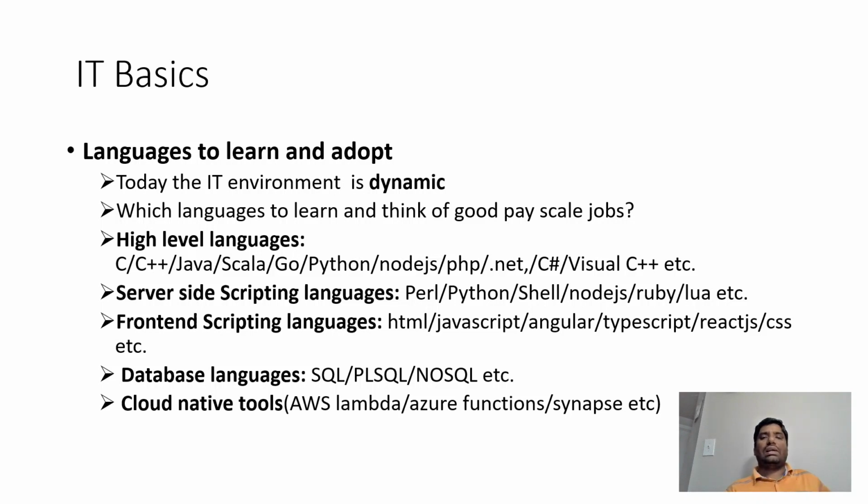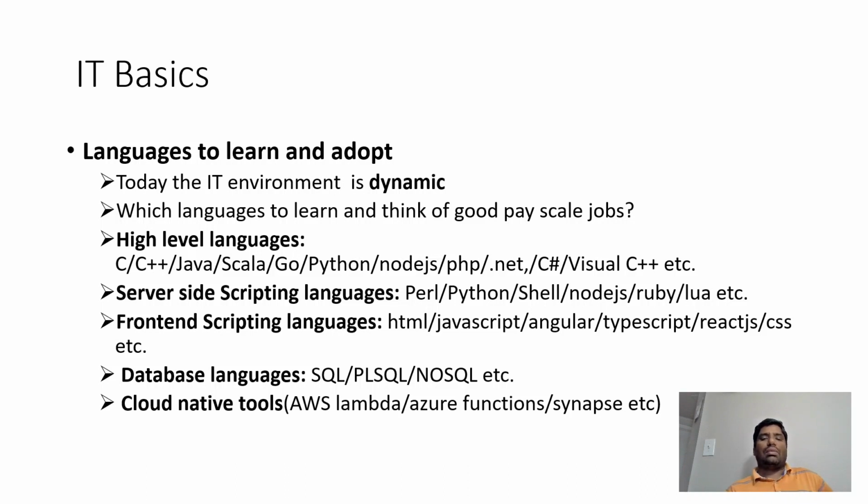So we know the high-level languages of the olden days, like COBOL and Pascal, but those eras are gone. Later it evolved with high-level languages, that is C and C++. Later Java was added.